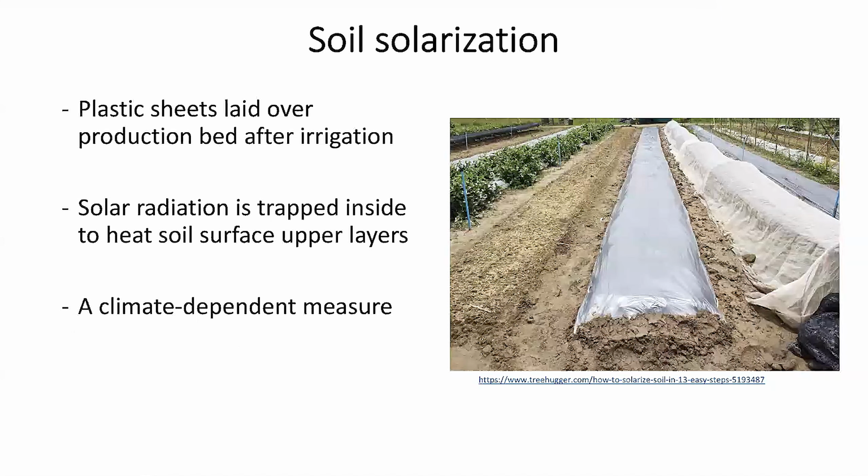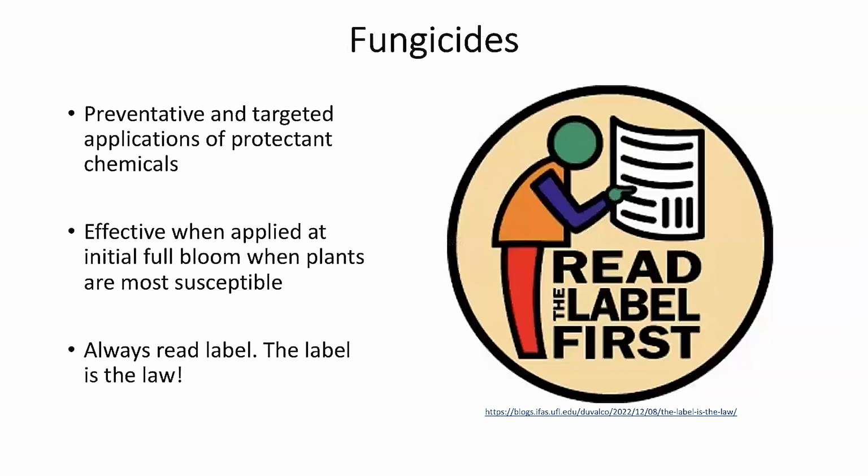Soil solarization is also another option for management. In this method, you have the solar radiation trapped inside the plastic, and this heats up the soil surface upper layers to kill any soil-borne pathogens. This method is, however, climate dependent, and so that will depend on where you're situated and the amount of solar radiation obtained.